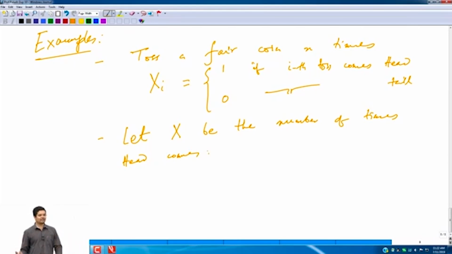Now I am defining another random variable x, the number of times that head appears. Now this random variable is defined on the underlying sample space.